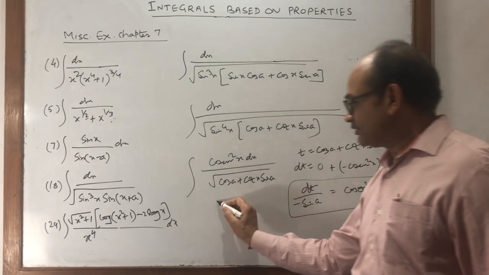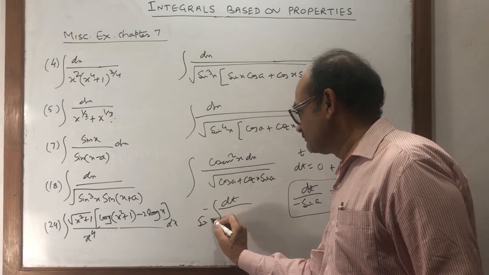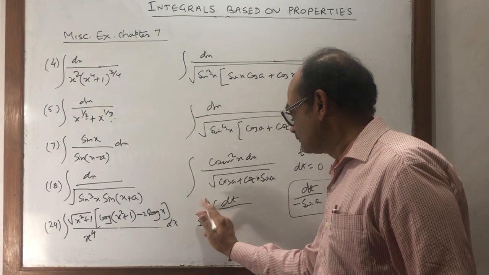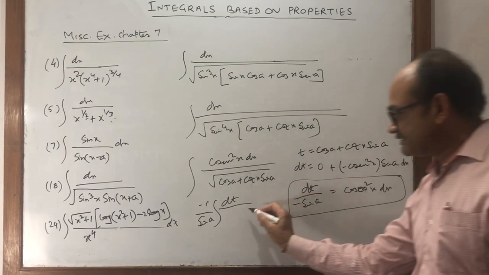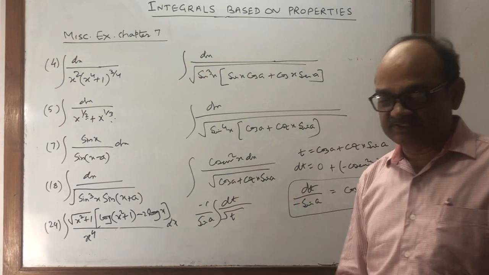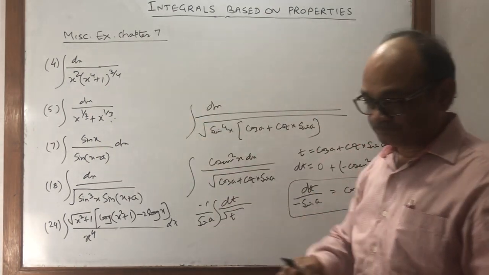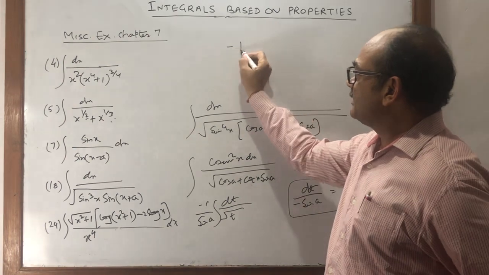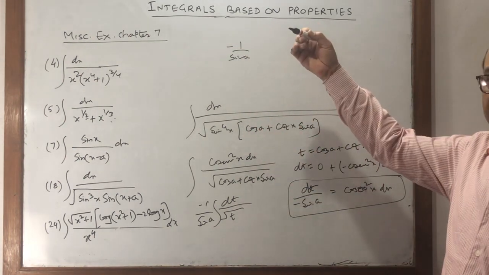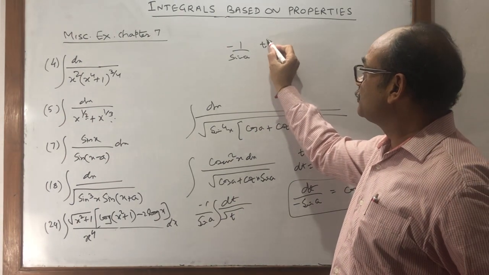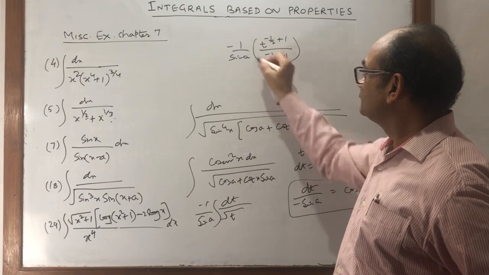Now the question is converted to minus dt upon sin a constant, dt upon minus sin a, and the assumption is t, so root t. The integral you know very well. What is the integral? Minus 1 upon sin a, t to power minus half, which means t to power minus half plus 1 upon minus half plus 1, plus c.